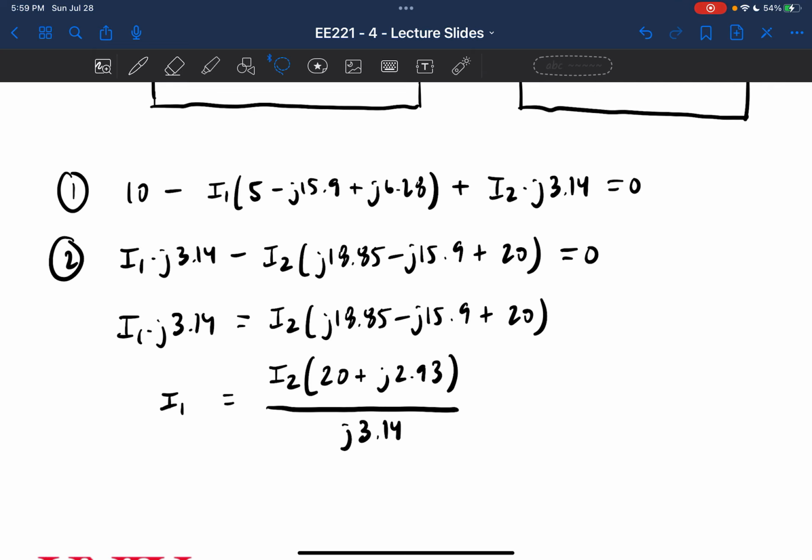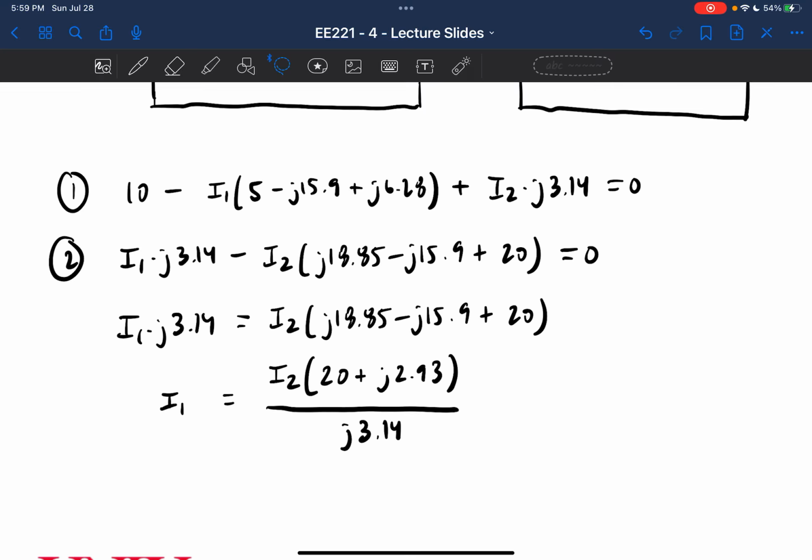All right, so let's throw that into my calculator. 20 plus my j2.93, divide by 3.14 times j.